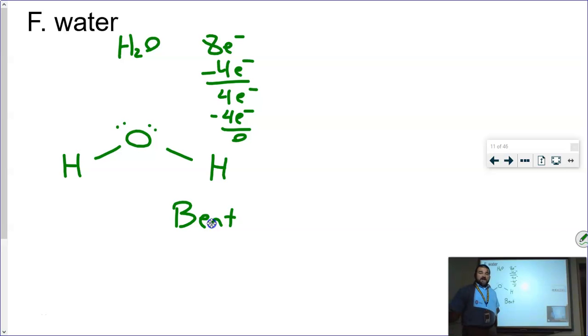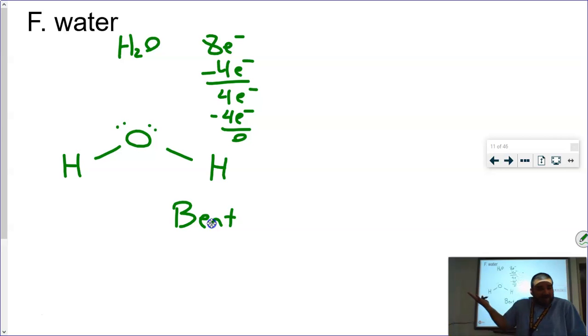If you look at the atoms, we have a hydrogen, an oxygen, and a hydrogen, and it's bent. It's not linear. The angle of this one, however, is slightly different because the coordination number is different. This is still a coordination number of 4. We have 2 atoms and 2 lone pairs. We are trying to separate 4 things around that central atom of oxygen.